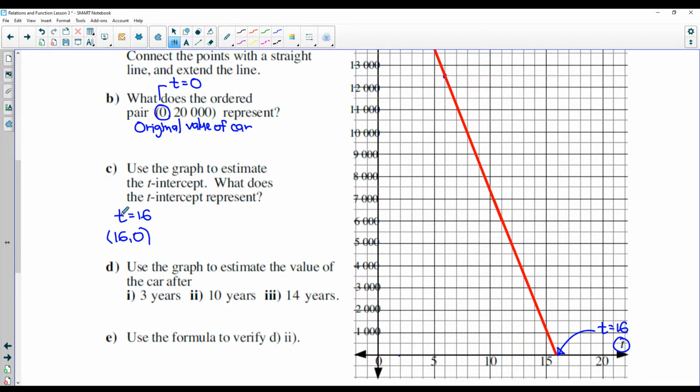Well, time is in years, so after 16 years, it tells you what the value of the car is. What's the value of the car after 16 years? Nothing. So it's basically the time required for the car to have no value.